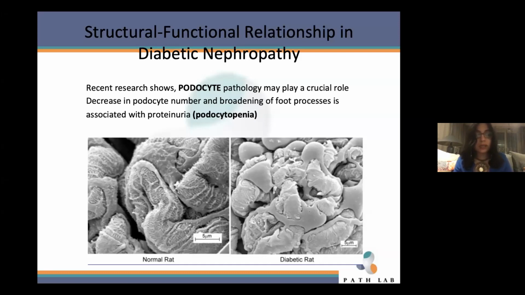So diabetics also develop podocytopathy, which plays a crucial role in the progression of this disease.